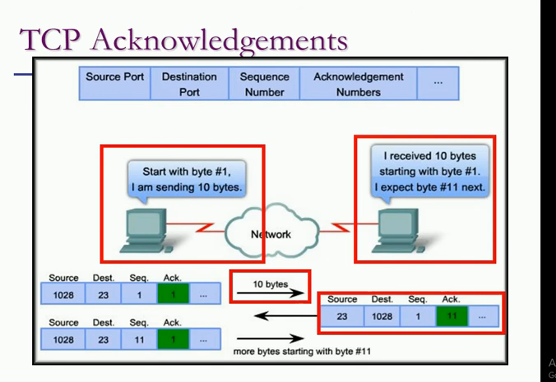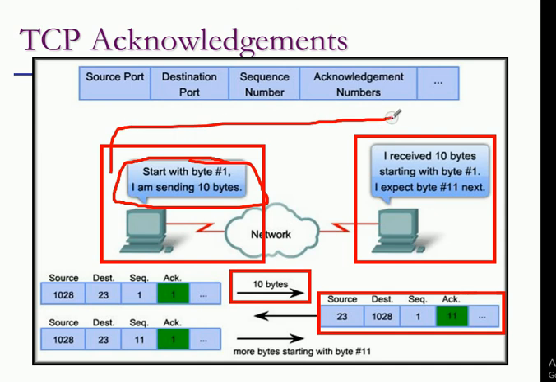So there's something to note over here. You start with 1 byte, and I'm sending 10 bytes. The client lets the server know. The server says, okay, I received 10 bytes, and it starts with 1. So next time, if you have sent 1 to 10, then I'm expecting 11.